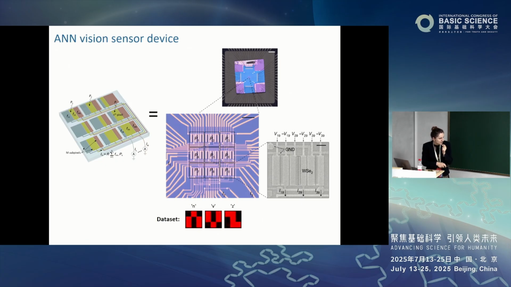And you can already recognize, for example, these 3 letters if you shine different laser intensities on different pixels. And you can see that each pixel is composed of 3 subpixels. And we used tungsten diselenide as a photoactive layer.